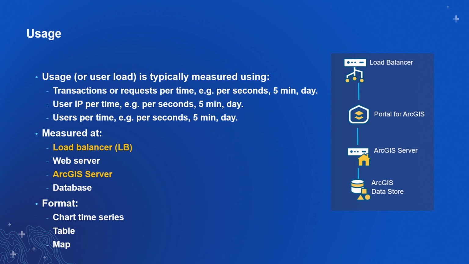Usage is always done at multiple tiers. So when we talk about usage, we need to be specific. Is it at the web tier? Is it at the portal, ArcGIS Server, or data store? The two typical and most effective places are the web tier or load balancer, or the ArcGIS Server.